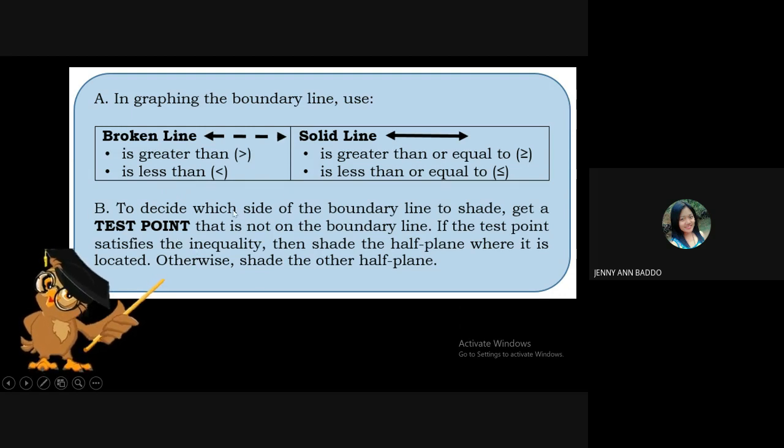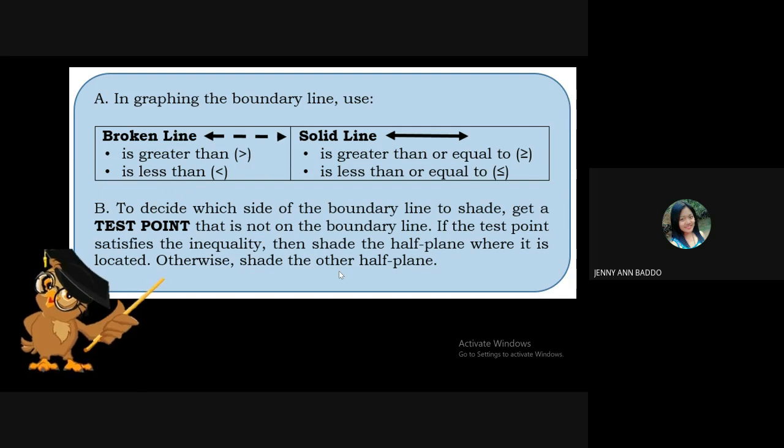And to decide which side of the boundary line to shade, get a test point that is not on the boundary line. If the test point satisfies the inequality, then shade the half plane where it is located. Otherwise, shade the other half plane.